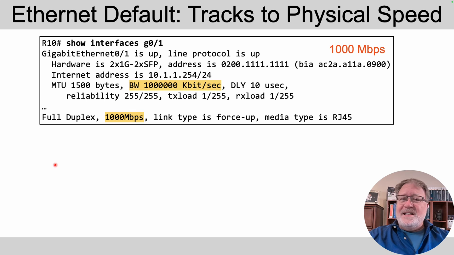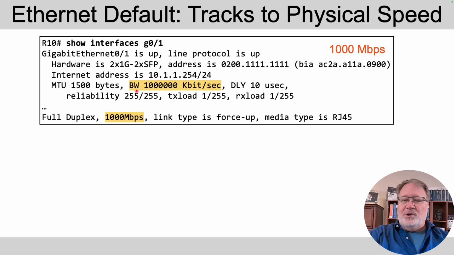What's used normally? Well, because in CCNA most of our router interfaces are Ethernet, whether it's for LAN or for WAN, let's take a look at what happens. By default, if you don't configure it, the bandwidth will match the physical interface speed. But the bandwidth is in kilobits per second as a unit. So if you do a show interfaces command, the bandwidth is on the fourth line here.